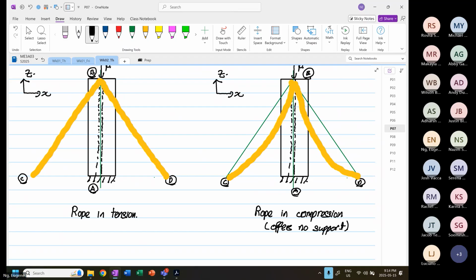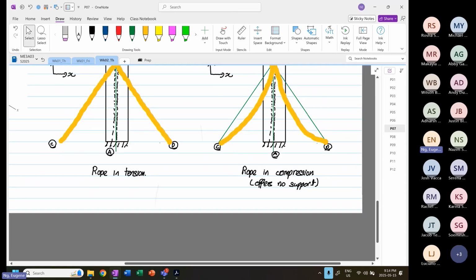Now, we are now going to focus on how this rope is behaving. And we are going to look at two different planes now. Okay, we're going to look at two different planes.